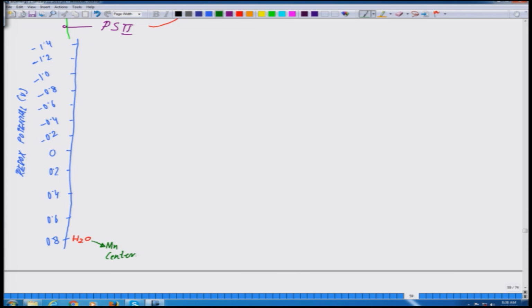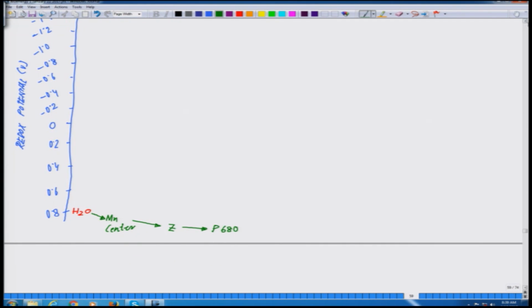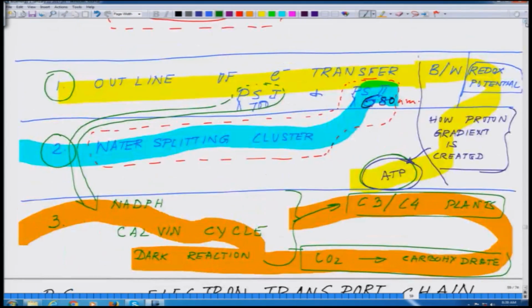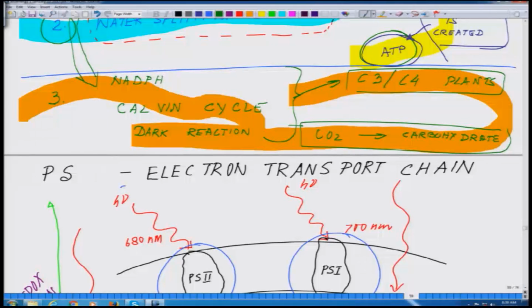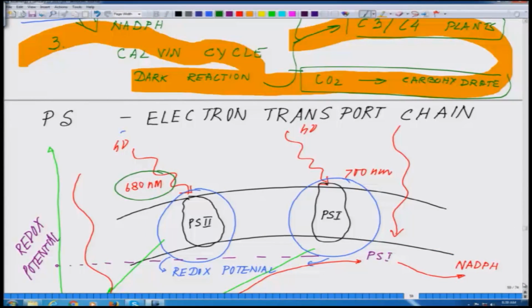We will talk about why the electron flows like that, and from here there is a complex called the Z complex, and this is where the P680 or the photosystem II is. So, remember we talked about it just earlier. So, P680 is essentially showing the photosystem II.